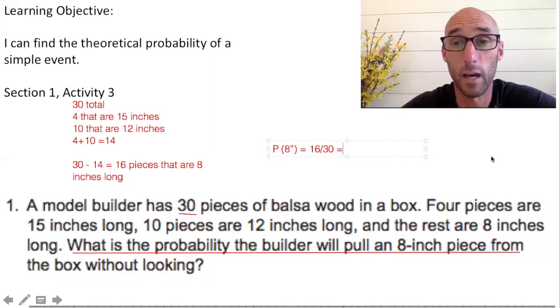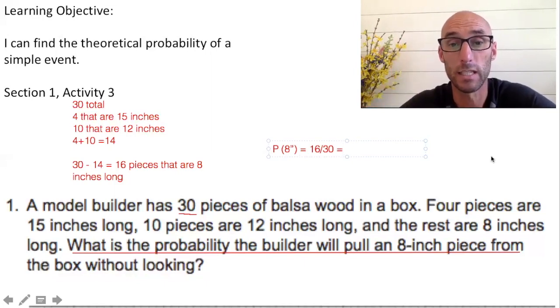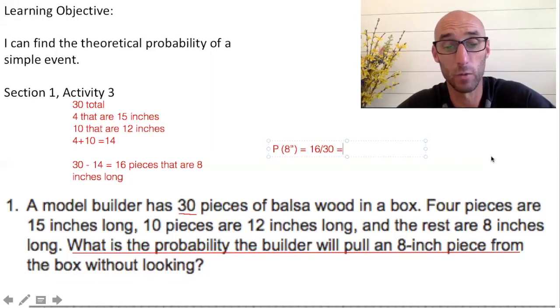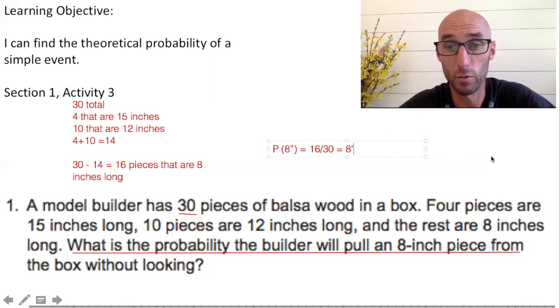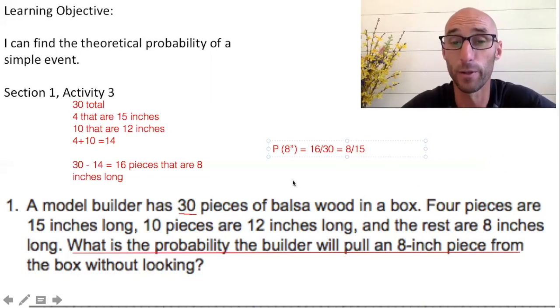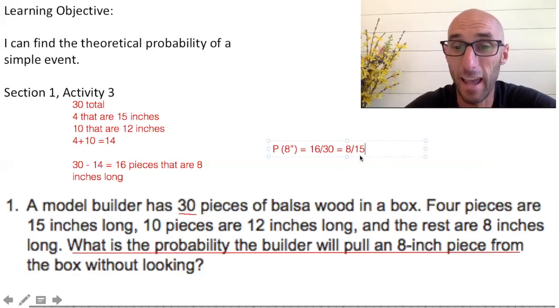The greatest common factor between 16 and 30 is 2. 16 divided by 2 is 8. 30 divided by 2 is 15. So the probability that we select an 8-inch piece is 8 out of 15.